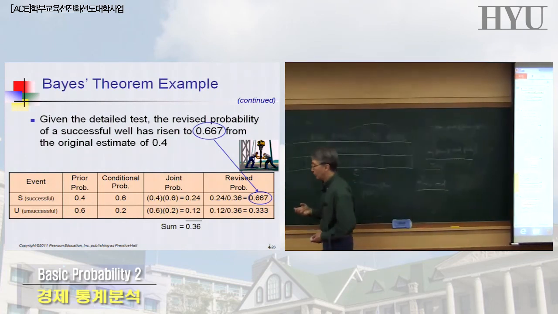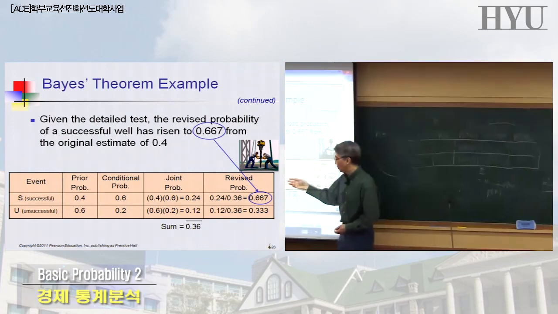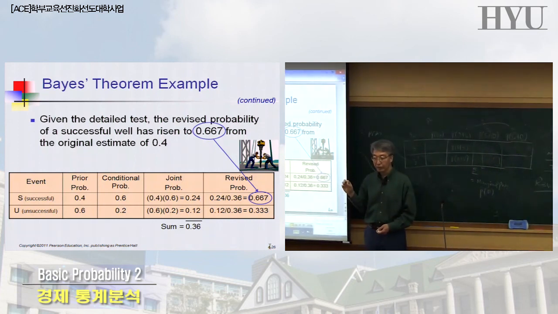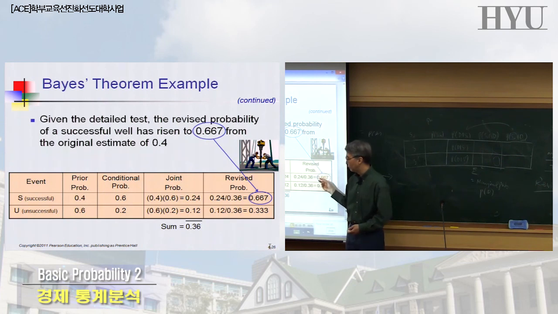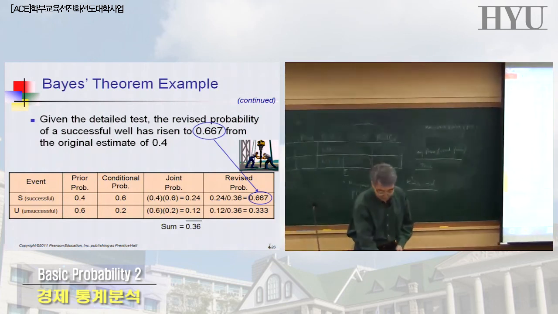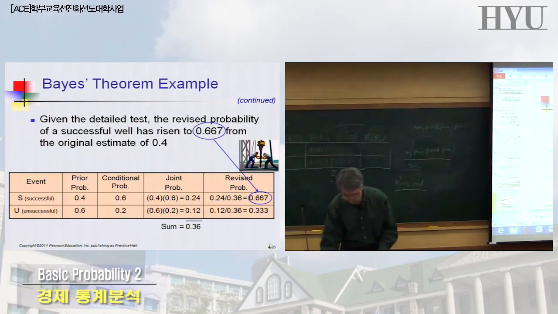Using the test information, we have come up with this result, which means if the test produced a positive result, then the probability of finding oil or having a lot of oil is almost 70%, instead of 40%. All right, so that's an example.